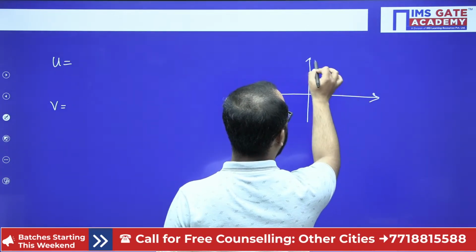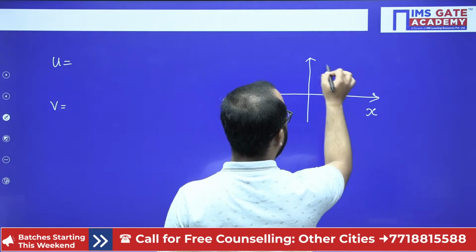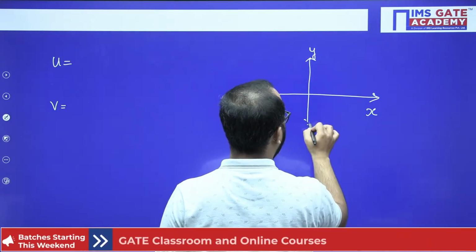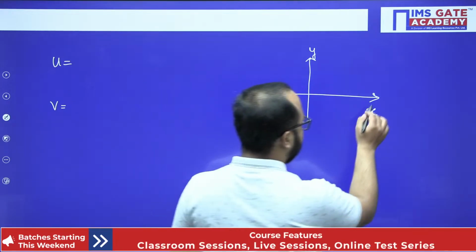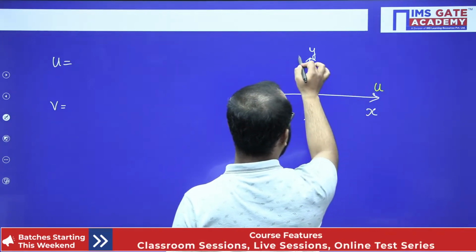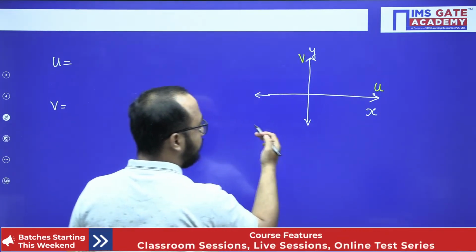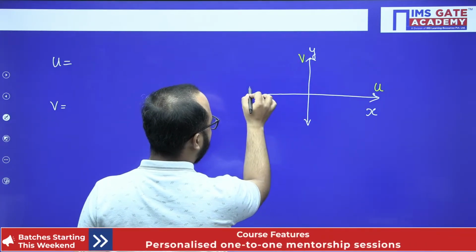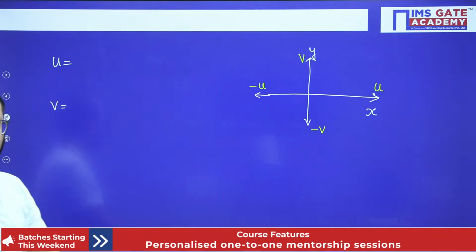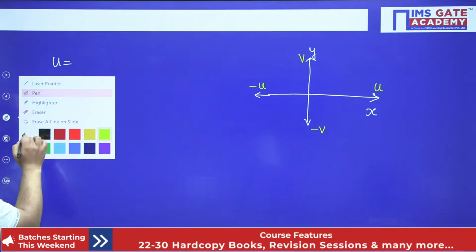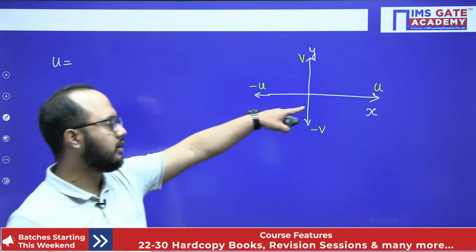This is along x, this is along y. Based on this basic geometry, along x you will have a u component of velocity, along y it is v. This will be minus x, so minus u component, and here you will be having minus v. Simple mathematics, right?